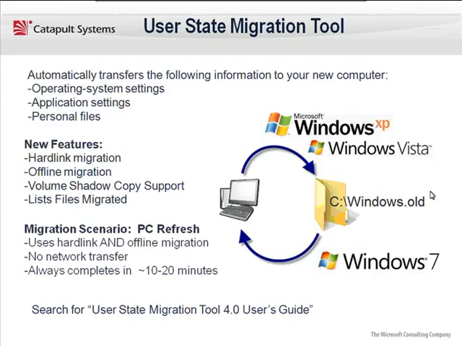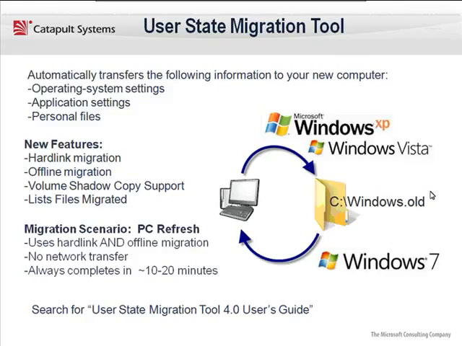One caveat with hard link migration is that you need to keep your existing partition information on the drive. Some of you, if you've deployed Windows XP, may have a habit of running a network migration to push all of the user's files and settings to a network share and just wiping the drive completely, installing a new operating system, and then using the user state migration tool to bring back all of the data, files, and settings.